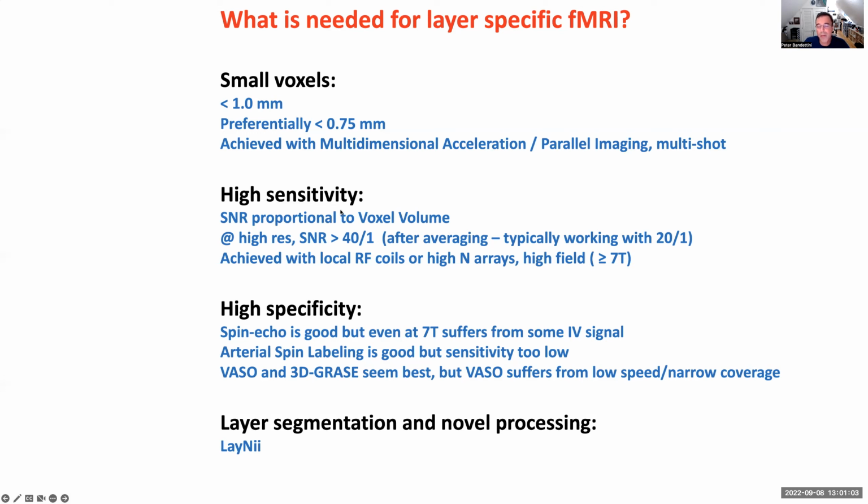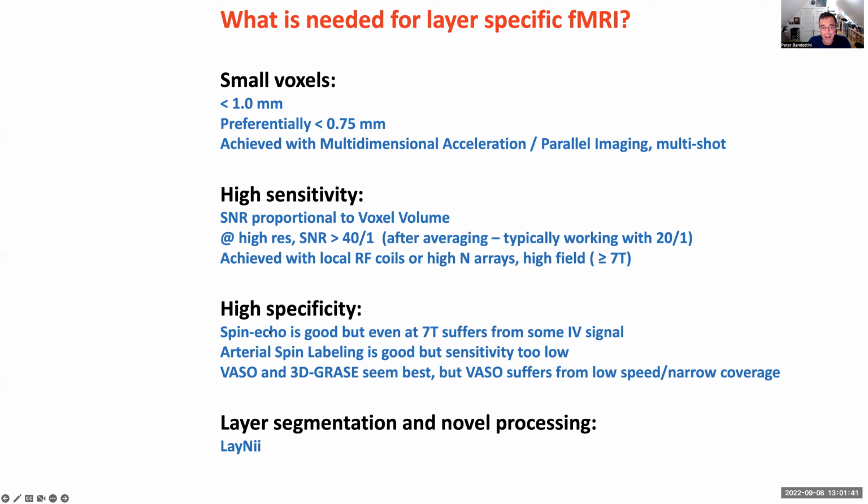Of course, the signal to noise is directly proportional to the voxel volume. And after averaging, you typically are working with a signal to noise of about 20 to 1, which will give you enough signal in the amount of time that you have to image. This is achieved at high field, also with local RF coil arrays, which are very important, and you can also use many different ways of regressing out the noise if you know that it's noise.